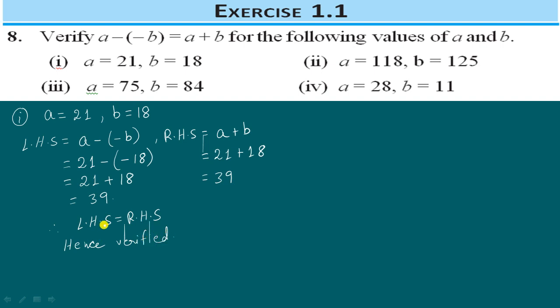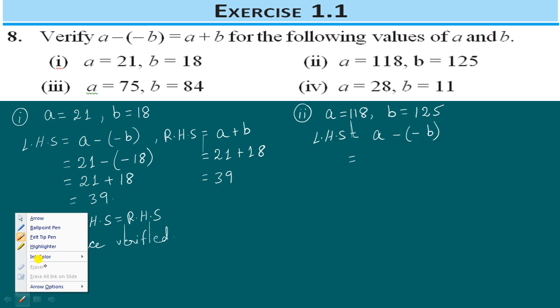Now I will do question number 2. In question number 2 you see here the value of a is 118 and the value of b is 125. Now left hand side is equal to a minus of minus b.